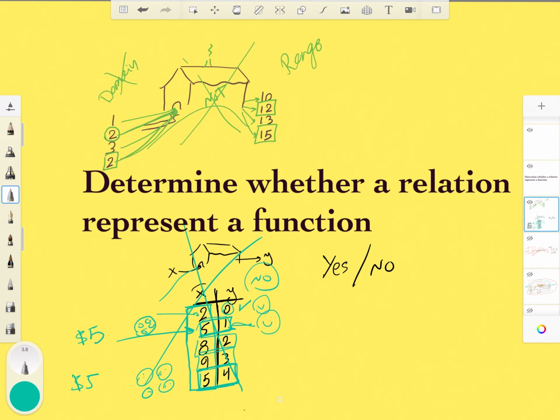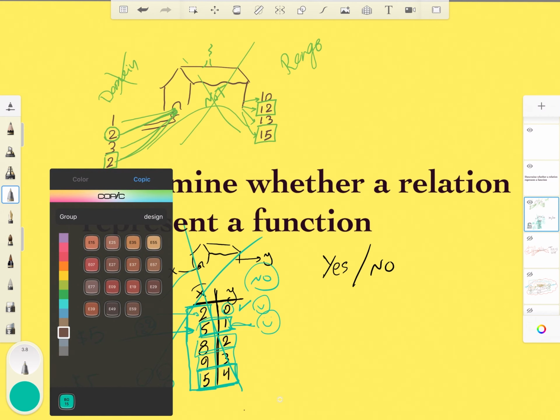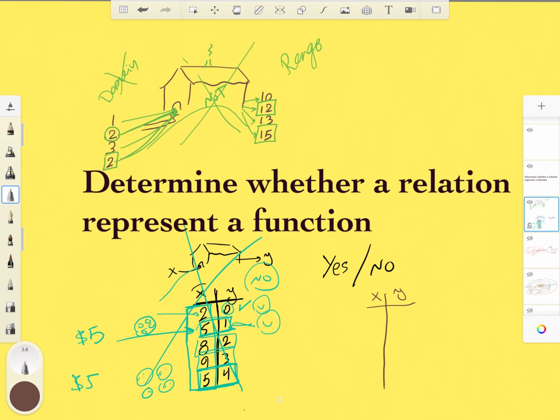Let's have one more example, and then that will be it for this video. We have a factory. I'm going to call it X and Y. We have 1, 2, 3, 4. This went to 5, 5, 5, and 5. So now my question is, can we call this one a function or not?